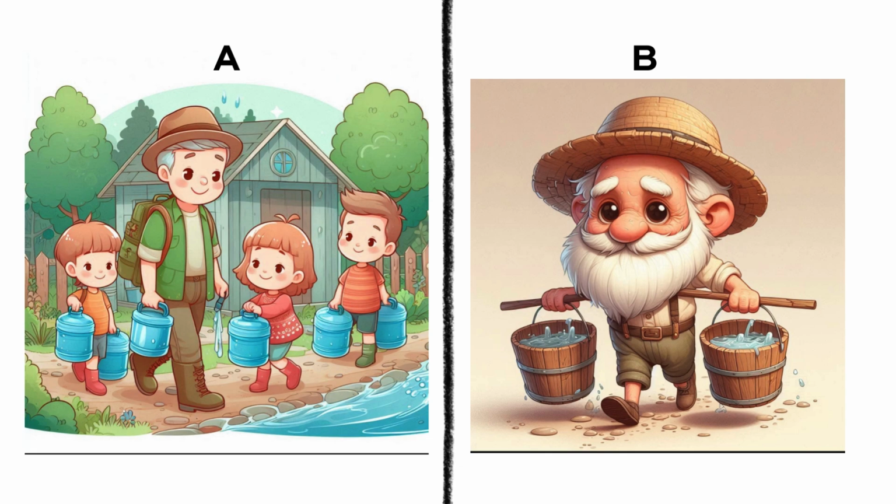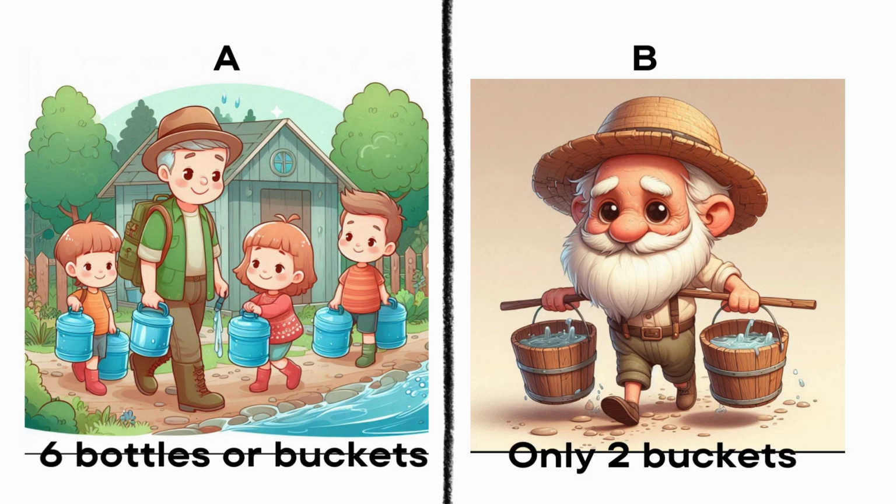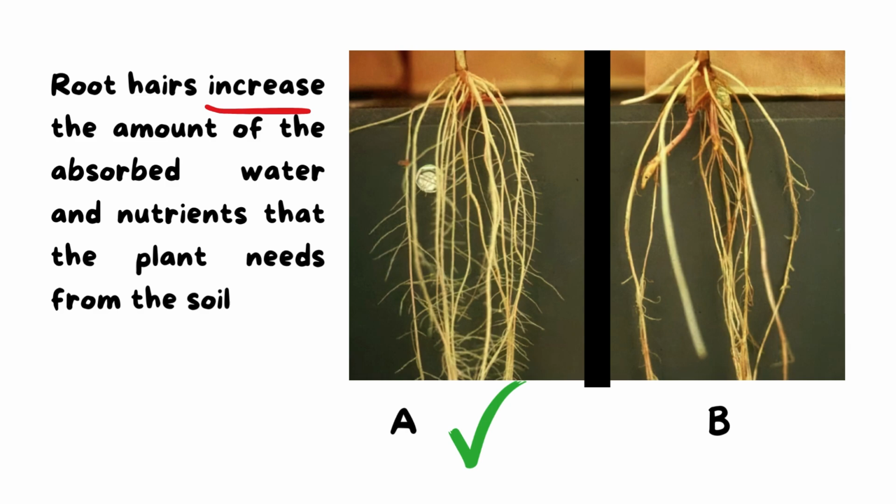Yes, but here in picture B, the old man can carry only 2 bottles or packets of water. So now we can imagine how the root hairs increase the amount of absorbed water and the nutrients that the plant needs from the soil.